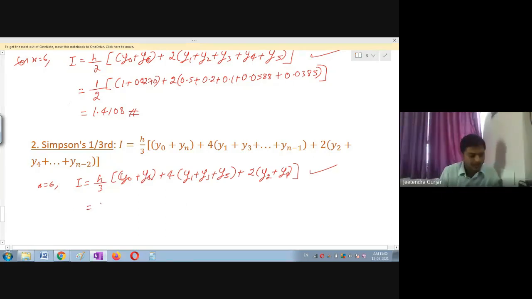Then take the h value. Substitute h is 1 and this is 3, so 1 upon 3 into 1 plus y6 is 0.027. Substitute the values now. Plus 4 times y1 is 0.5, y3 is 0.1, y5 is 0.0385, plus 2 times y2 is 0.2 plus y4 is 0.0588.